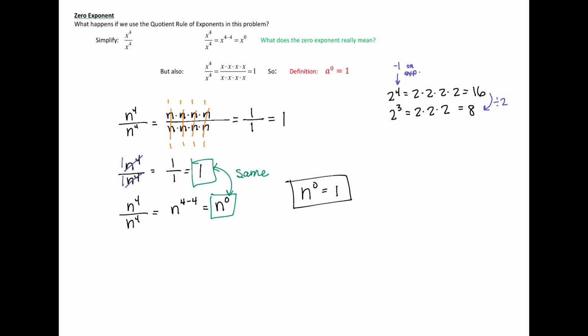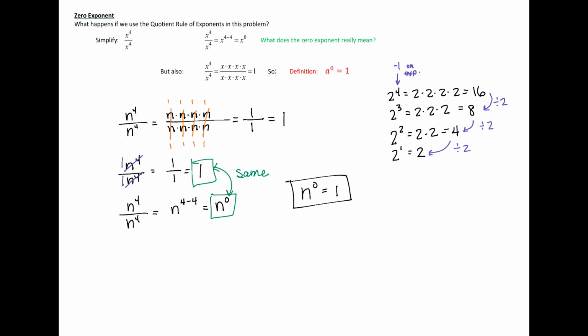Okay? So if I continue that same pattern, subtract 1 on the exponent means divide by 2 over here. Okay, I would have 2 to the second, which is 2 times 2, which is 4. And it did work. I divided by 2, right? Okay, let's do it again. 2 to the first power is equal to just one 2, which means I divided by 2 again, and it worked.